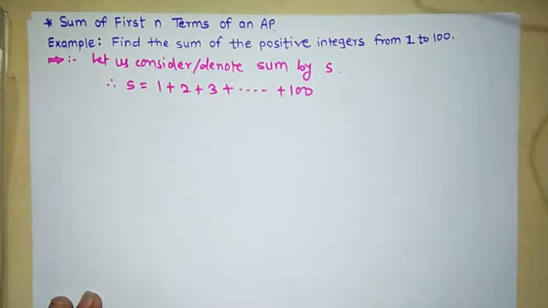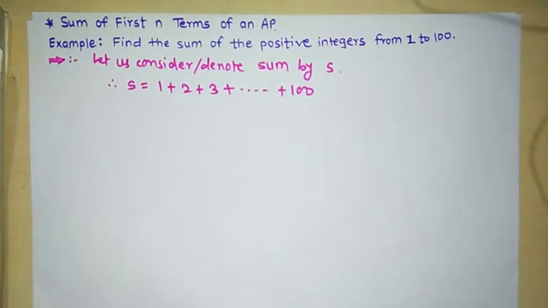The last term is 100 here. This is the sum of the first positive integers from 1 to 100.